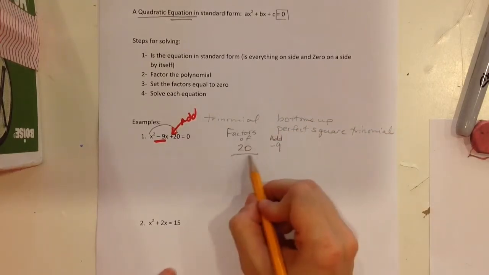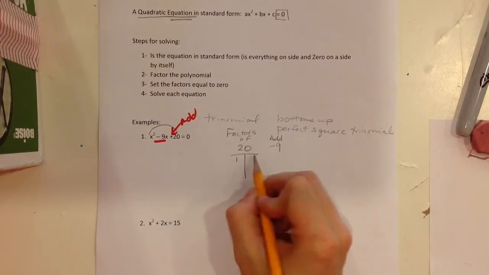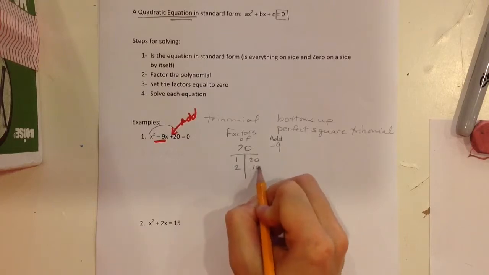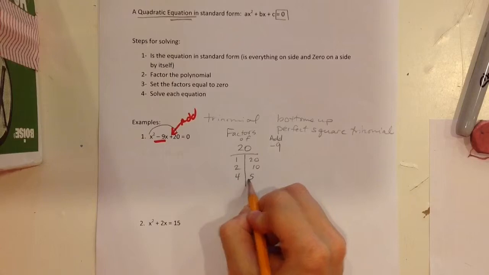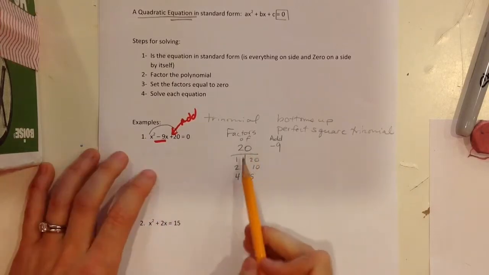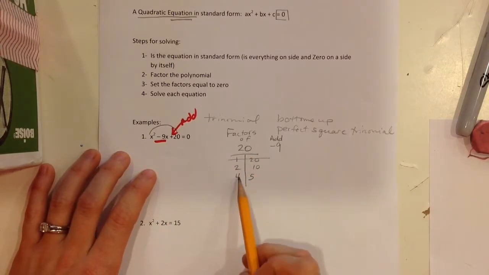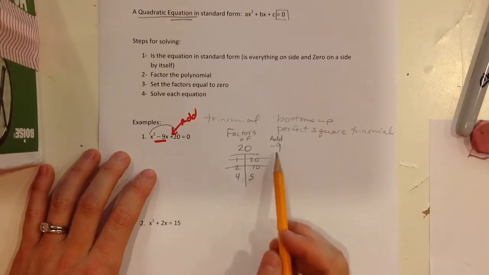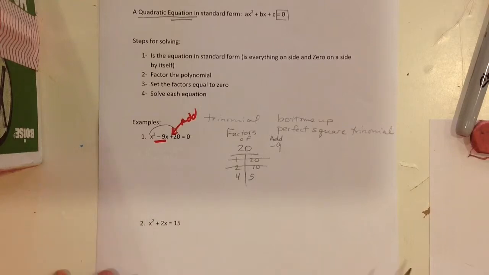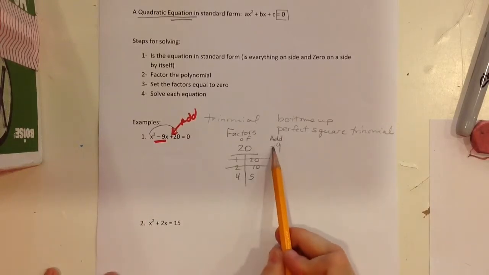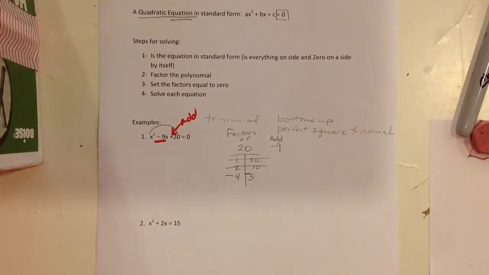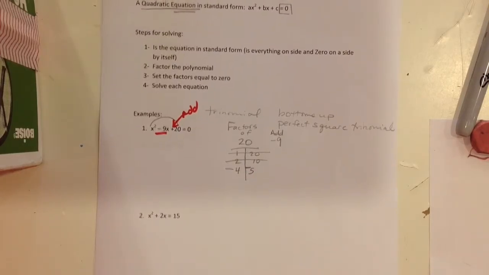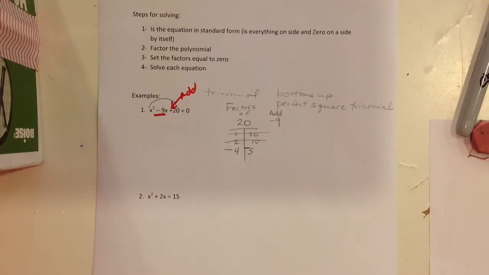Okay, so the factors of 20, I have 1 and 20, 2 and 10, 4 and 5, and if I add 1 and 20, I get 21. If I add 2 and 10, I get 12. But if I add 4 and 5, I can get 9. Okay? Now remember, when you're adding, you want the same sign, and you want them both to be the sign of that middle term. So they're both going to be negative.